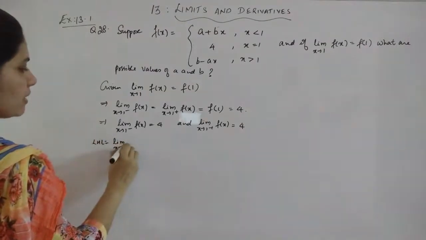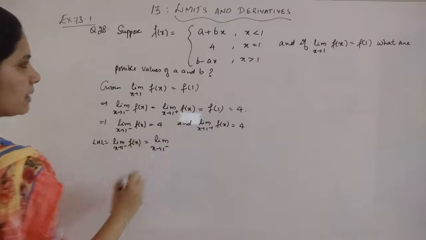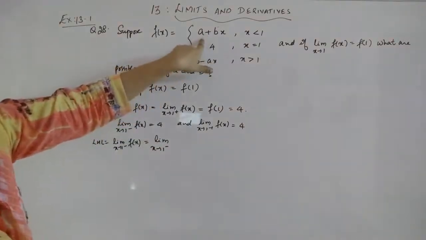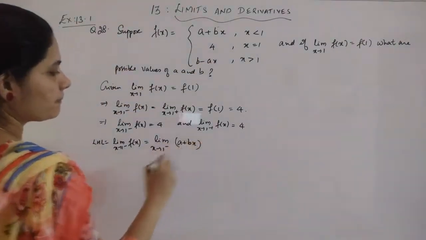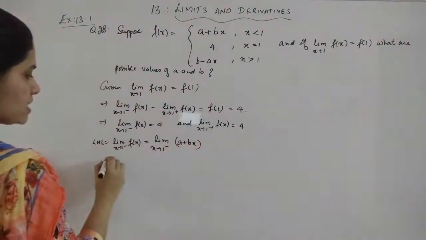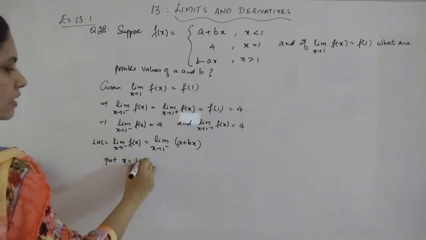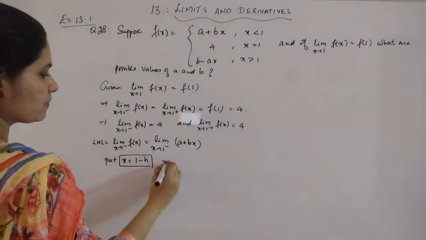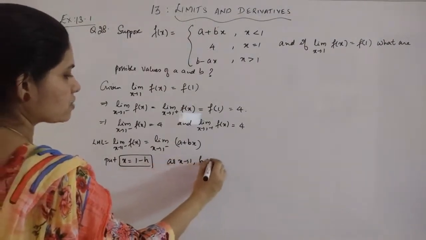Limit x tends to 1 minus f of x is equal to limit x tends to 1 minus, which function you will use here? 1 minus means it is less than 1, so you have to replace f of x with a plus bx, right? So if I am using h concept, I will just put x as 1 minus h. Now when x tends to 1, h will tend to 0, right?